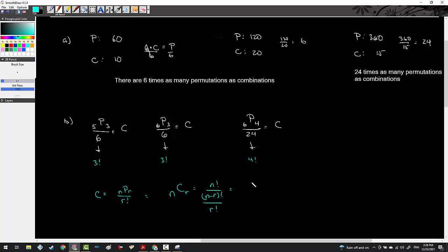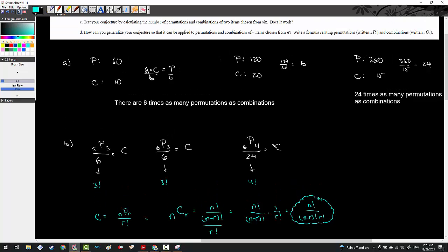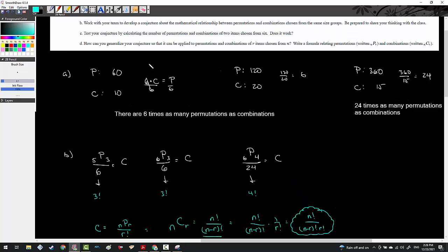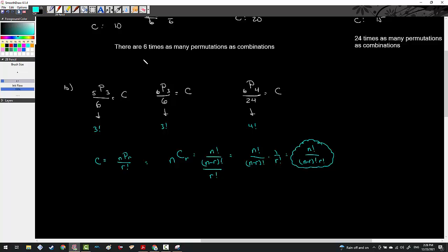But dividing by r factorial is the same thing as multiplying by 1 over r factorial. So the most simplified version of this formula is n factorial over n minus r factorial times r factorial. And that is your combination formula. And I think we accidentally just did D. Sorry about that. So this is D. I'll cycle back and take care of C.